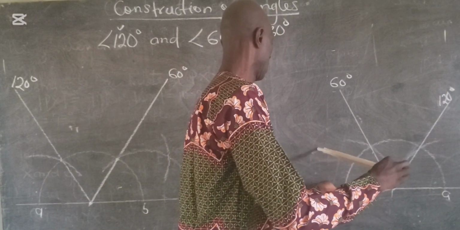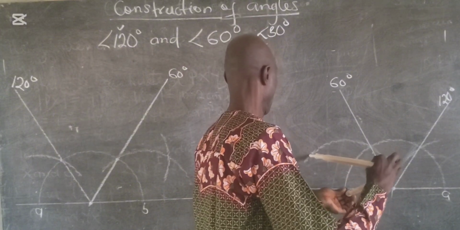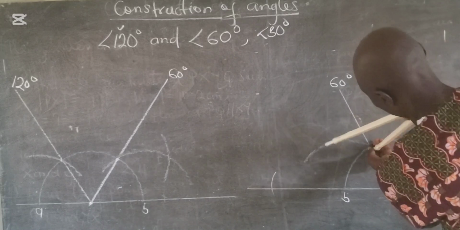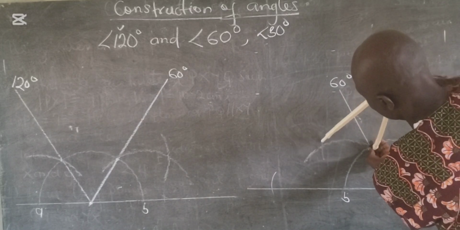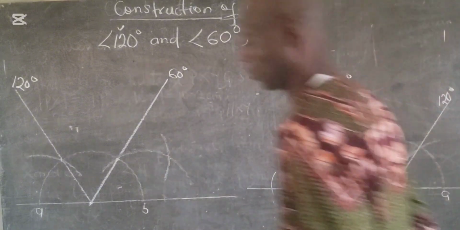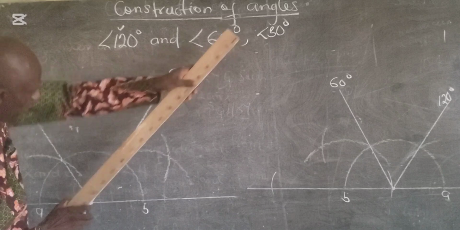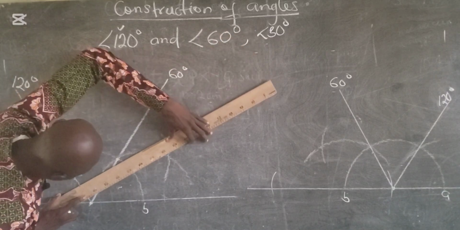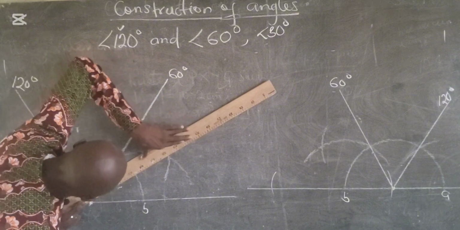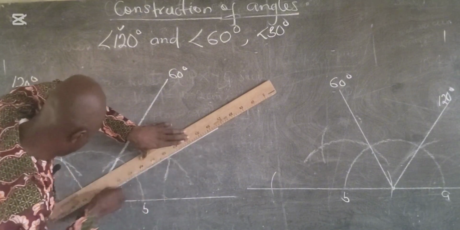So let me take it down. When you put it at 60 degree, you cut it. That is your 30 degree. So that is how, from the same point here, through this place, draw a straight line.